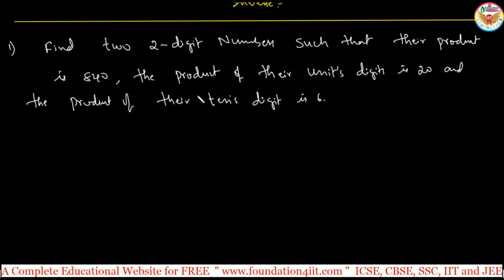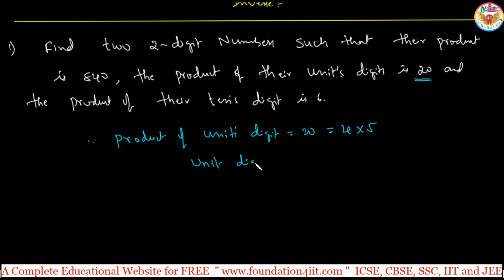Let us take first the product of the units digits is 20. Which two single-digit numbers, if you multiply, give 20? The product of two numbers is 20 means there is only 4 into 5 or 5 into 4. 10 into 2 is also 20, but 10 is a double-digit number.